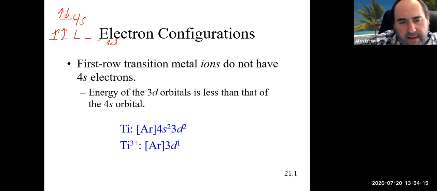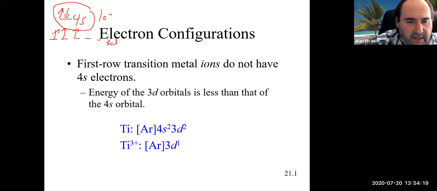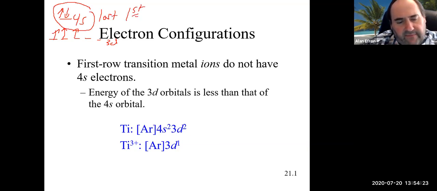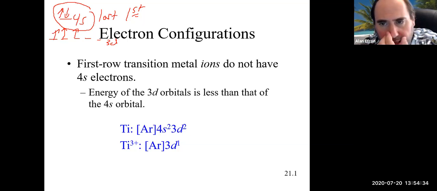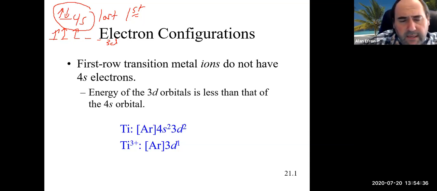When we go to make ions or cations, it's always the s electrons that get lost first. So we lose these s electrons first when we form ions involving transition metals. And then if you need, you can dip into the d orbitals at that point to get the right electron configuration.